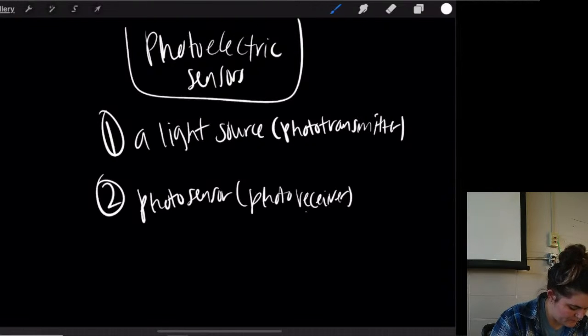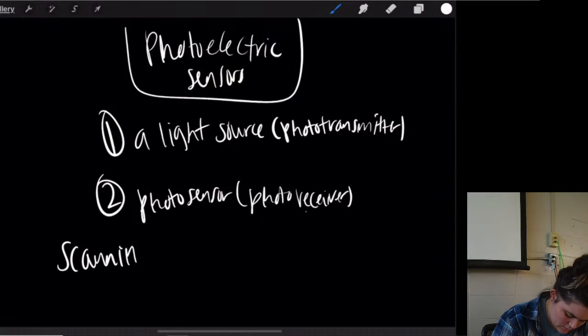All right. So scanning, that is the process of using a light source and photosensor together to measure a change in light intensity when a target is present in or absent from the transmitted light beam.